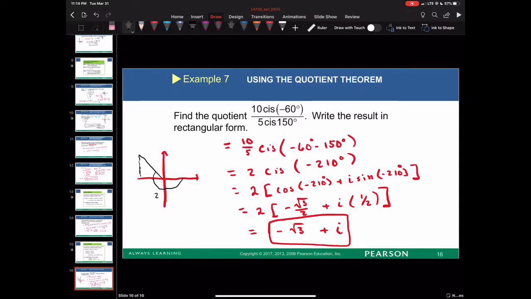That's 210 degrees. Or negative 210 degrees. Let's go that direction. And then this one will be 60. So just keep that in mind. And you want to make sure you understand what you're doing.